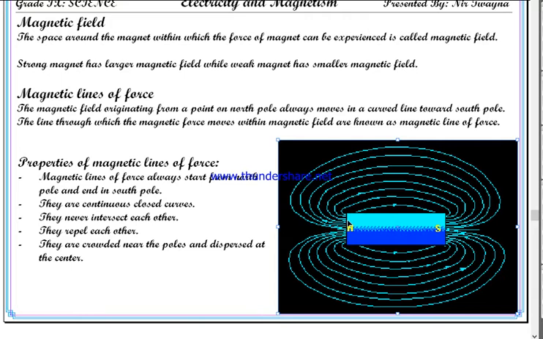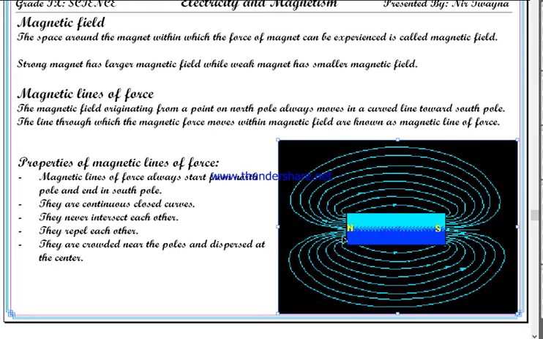As the magnetic lines of force move far from each other, the magnetic field becomes weaker. And near the pole where the magnetic field is very strong, the magnetic lines of force remain near each other, and yet they never intersect.